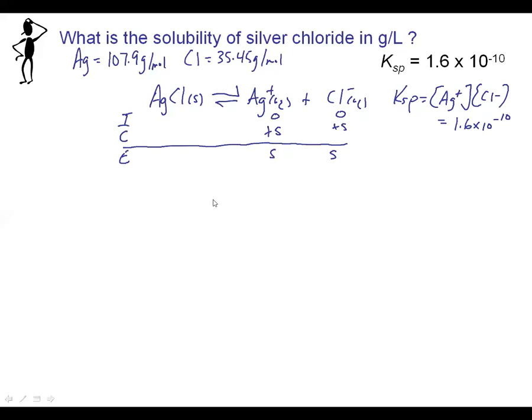So if we do that, our Ksp would equal basically S squared. And that's putting the S into here and the other S into here. And that would equal 1.6 times 10 to the minus 10. We're going to take the square root of both sides, and that will give us an S of 1.3 times 10 to the minus 5.